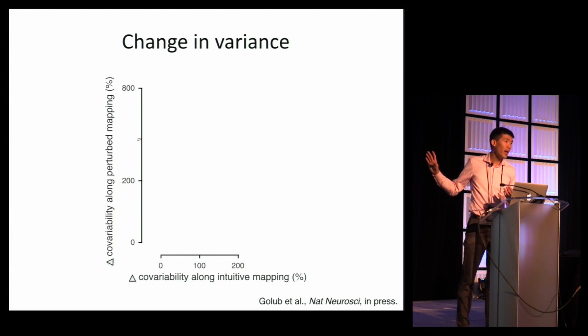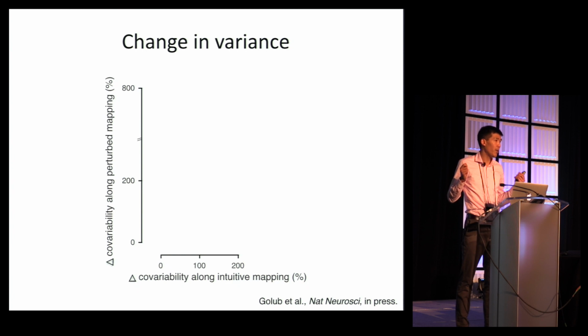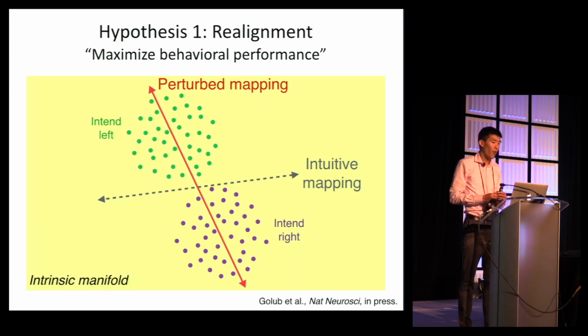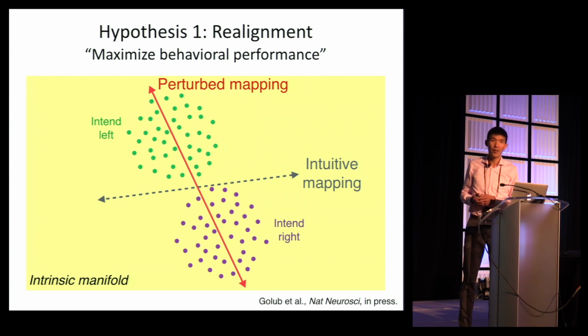So this space is going to allow us to distinguish between these three hypotheses and compare to data. For realignment, we see an increase in variance of the neural activity along the perturbed mapping.